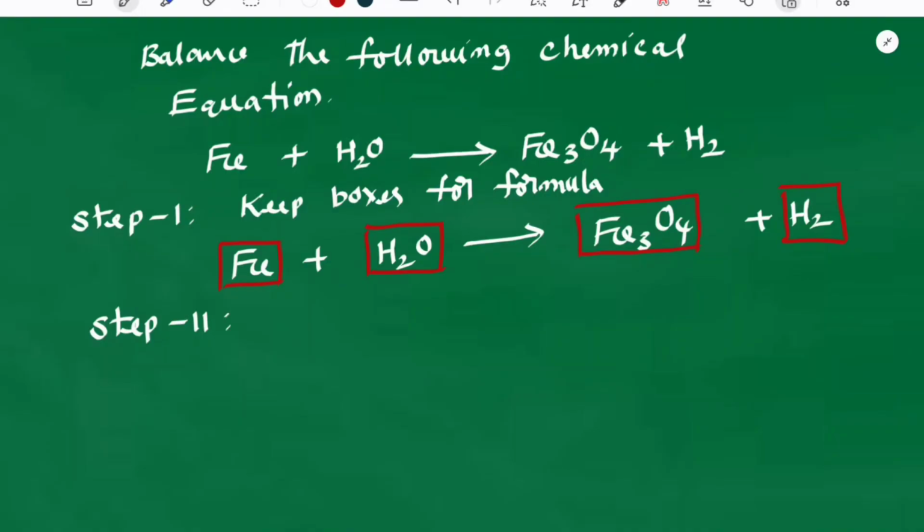And step 2: list the number of atoms of different elements present in the unbalanced equation. Is it balanced? No, it is an unbalanced equation. So here, list out how many types of atoms there are.